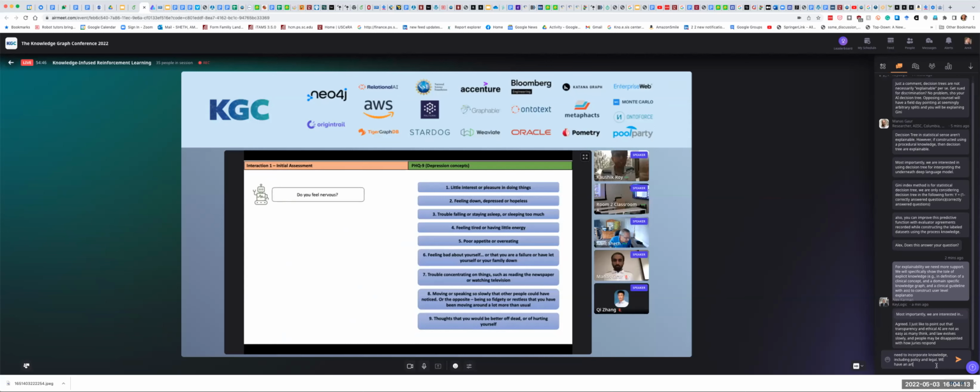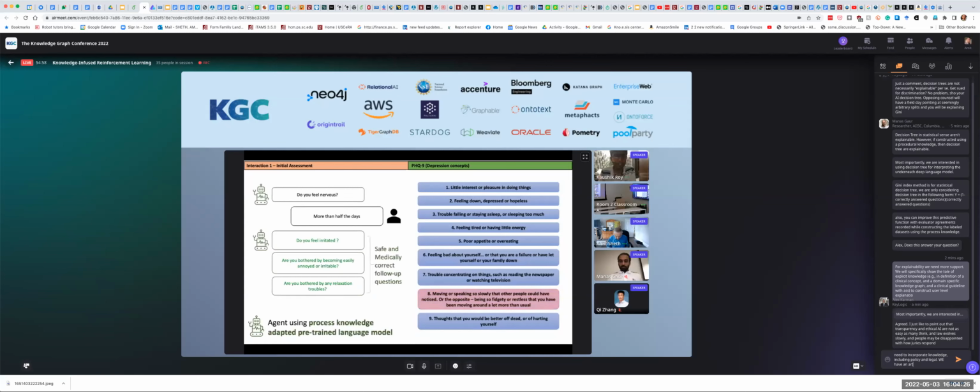So when we incorporate this into the model, we see that question 8 is triggered, which is related to being fidgety and restless, and questions related to that are asked, without using harmful words, like destructive or extreme. And these are medically better follow-up questions than what GPT-2 generates.